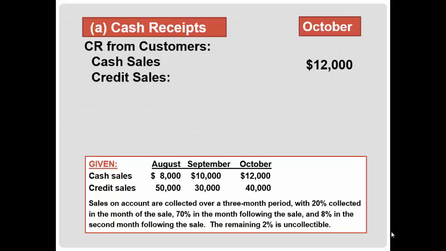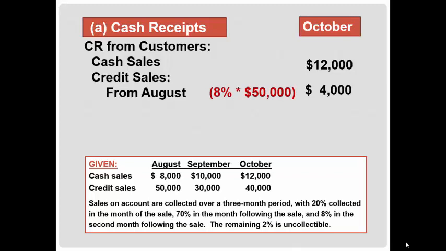Now when we look at credit sales, we'll be collecting over a 3-month period. We will collect from August. From August, we'll collect 8% of the $50,000 of credit sales, or $4,000. From September, we'll collect 70% of the $30,000 of credit sales.